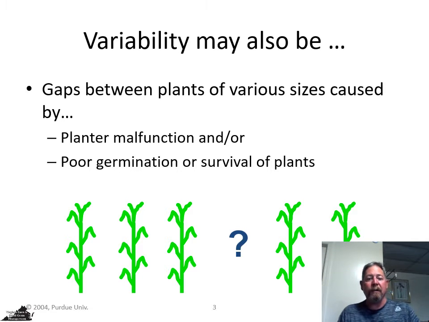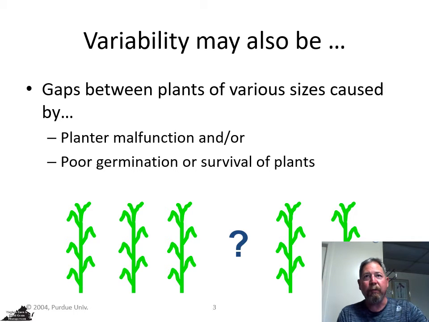Variability is also characterized by gaps between plants. Those gaps are various sizes, and those can also be caused by planter malfunction or poor germination or survival of plants. Most of us have good quality hybrids that are this year's crop, and so germination typically isn't the issue unless we have some really harsh conditions.